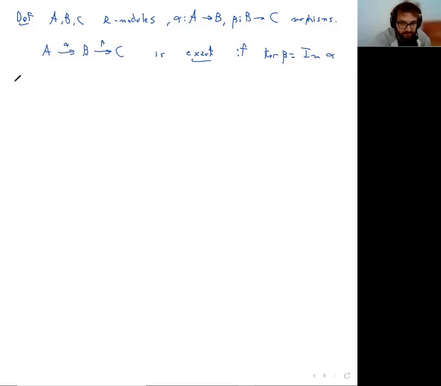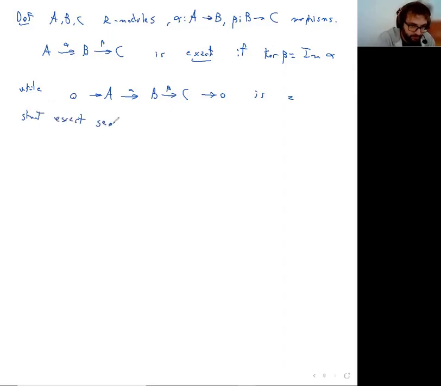And while 0, A, alpha, B, beta, C, 0 is a short exact sequence if, okay, usual, alpha is injective, beta is surjective, and then ABC is exact.